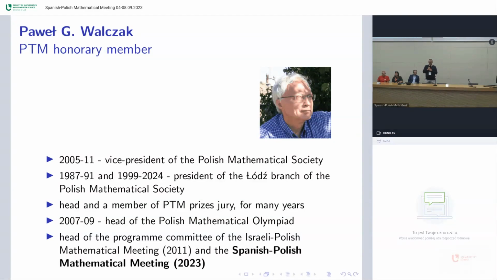His wife Zofia is here, co-head of the mathematical family. Parents and children are mathematicians and work in mathematics for applications. I think he deserves all this for this honorary membership of the Polish Mathematical Society.